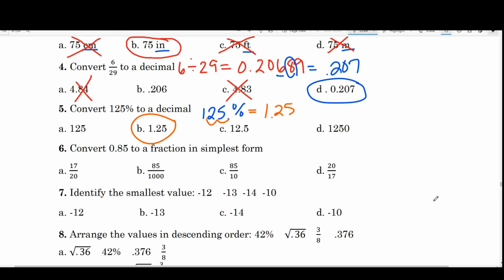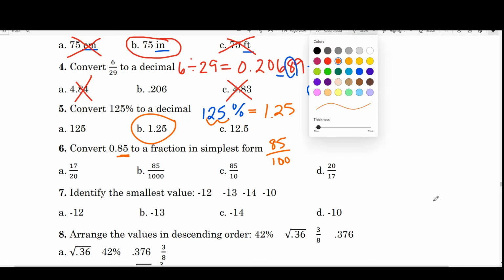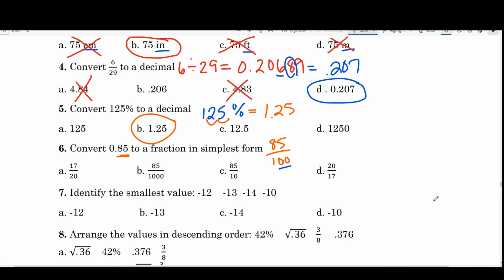So that just lets me know that I'm doing 85 over 100. But also, another trick is that because there are 2 values after the decimal, that lets me know I should have 2 zeros in my denominator, and the 1 will always be the leading value. So it just depends on you and what you decide to do.